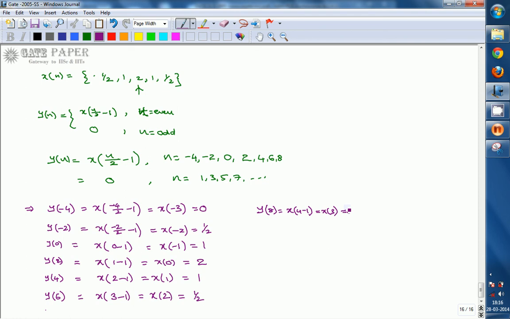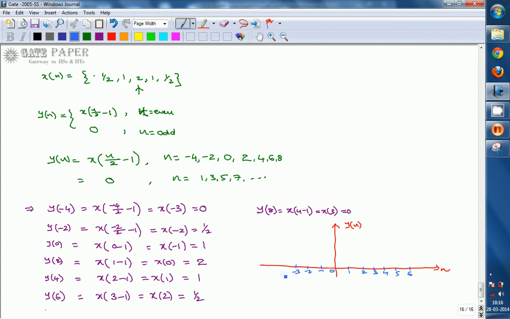Then by plotting these values, we will get the shape of y of n. Taking y of n on the y axis and n values on the x axis, this indicates the 0th position, 1, 2, 3, 4, 5, 6, and -1, -2, -3.